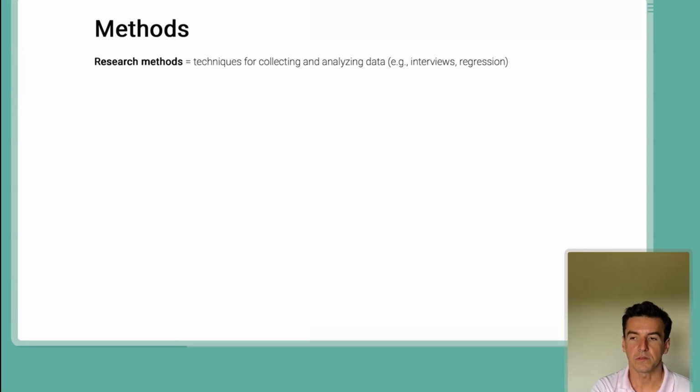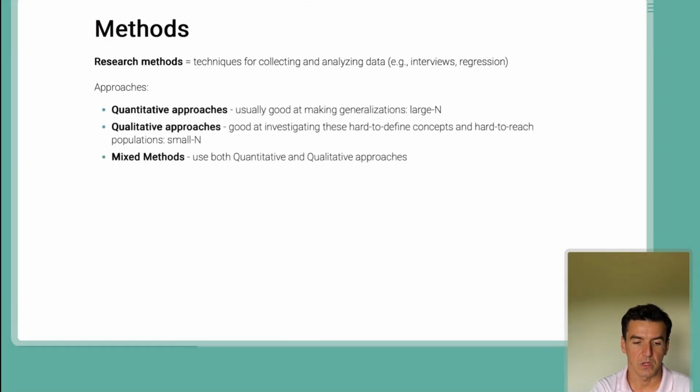So research methods could be defined as the set of techniques that can be used for collecting and analyzing data. So you could have quantitative approaches, or you can also have mixed methods. So within quantitative approaches, these are typically good in order to make broad generalizations.